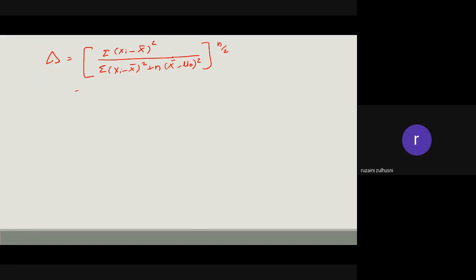Okay, factor out summation xi minus x bar square. Factor out step by step, I show you.